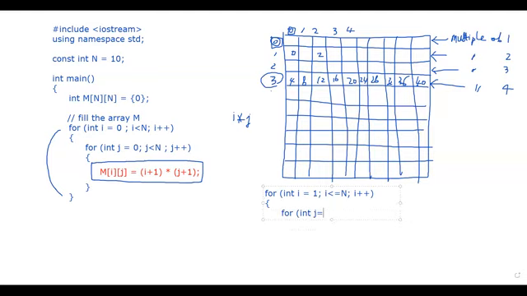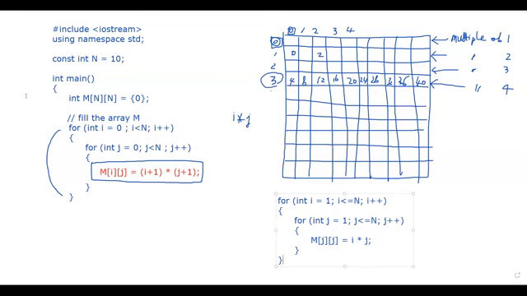For int j, the same, start from 1, and j goes up to n, j plus plus. Then M[i][j] is i times j. Okay, guys, is this okay? This is my question. Is this good?